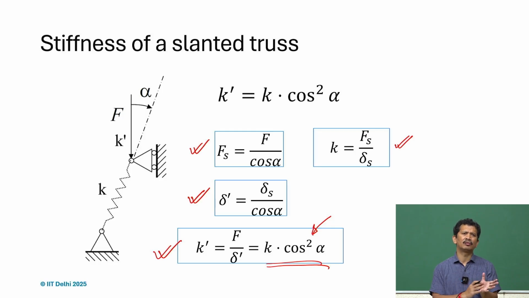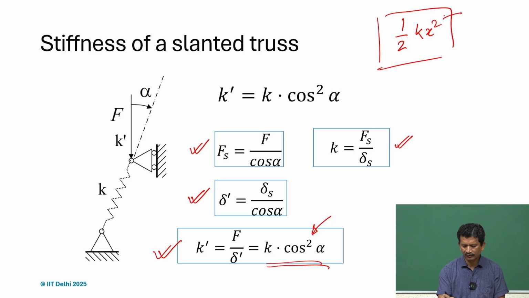So, the moment we know one relationship between the input and output, we do not need to calculate everything, but we can straight away put it there and find the effect on the stiffness. So, if we write half k x square, here we have the x square term coming, which is a deformation term.